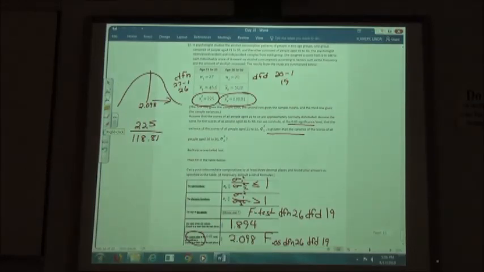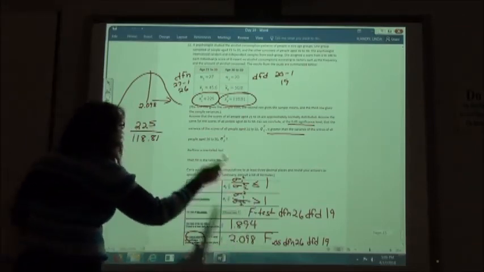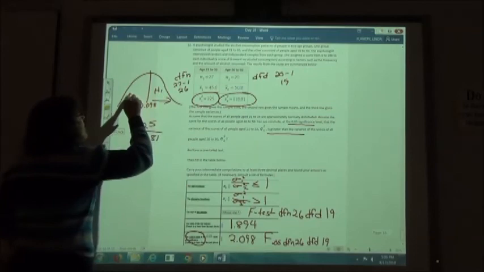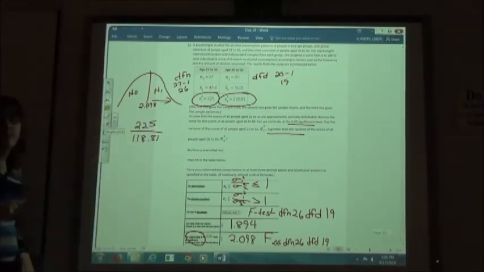our normal curve in two parts. We want to check where that test value falls. Again, the greater than is my H1, the less than or equal to is my H0, my null. So, does 1.894 fall less than or greater than my 2.098?